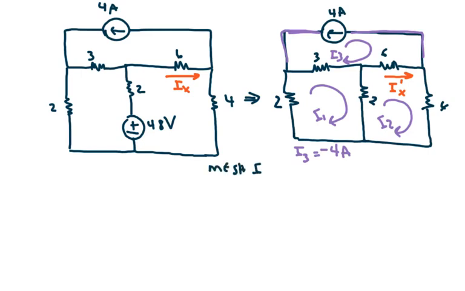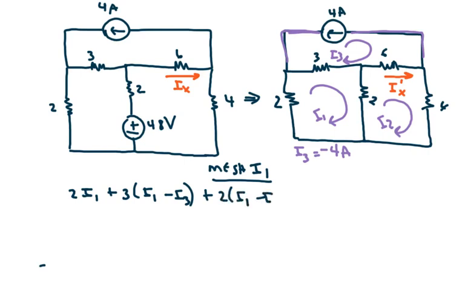Now we want to figure out the mesh equation for I1, and that's going to be 2I1 plus 3 times I1 minus I3 plus 2 times I1 minus I2 equals 0.